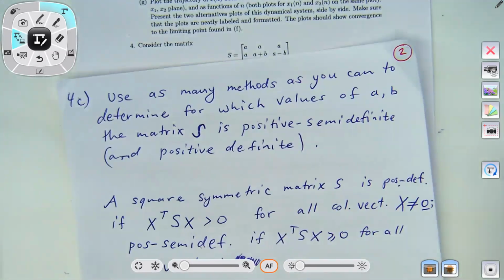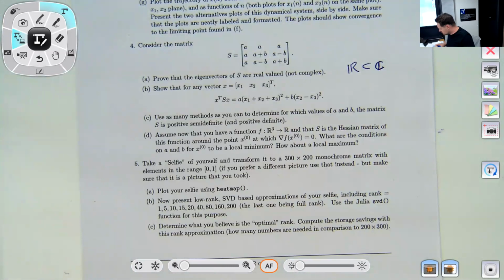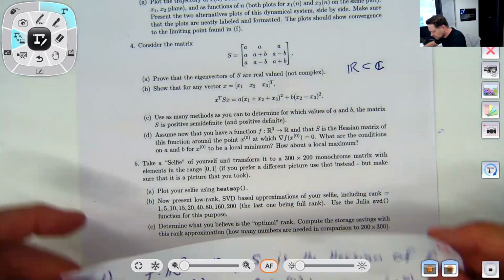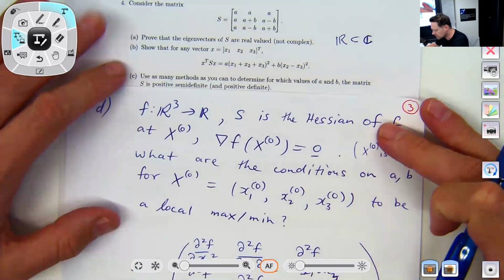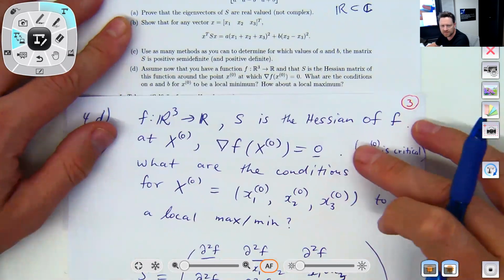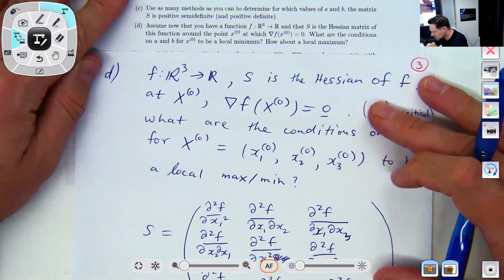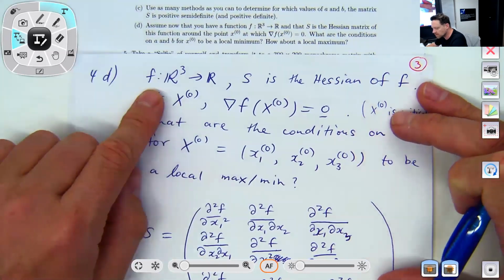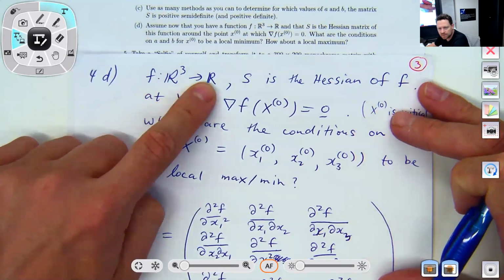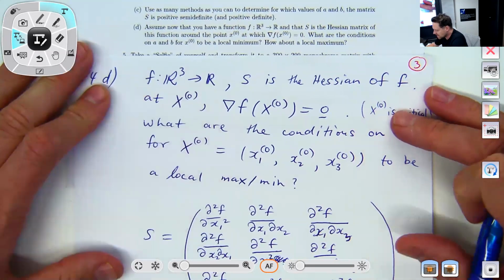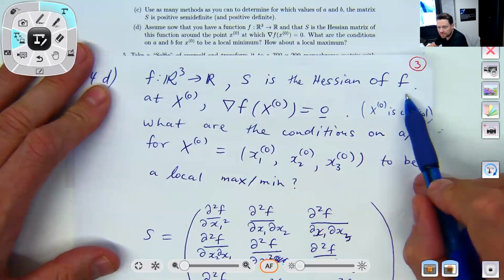Okay, so moving on to part G, which is a little bit more involved. All right, so I've rewritten it here, so let's just look at the way I've rewritten it, and I'll even keep this type above if you like to look at the type. Okay, so basically now you've got a function f mapping triples of real numbers to real numbers, and you're told that S is the Hessian of f.